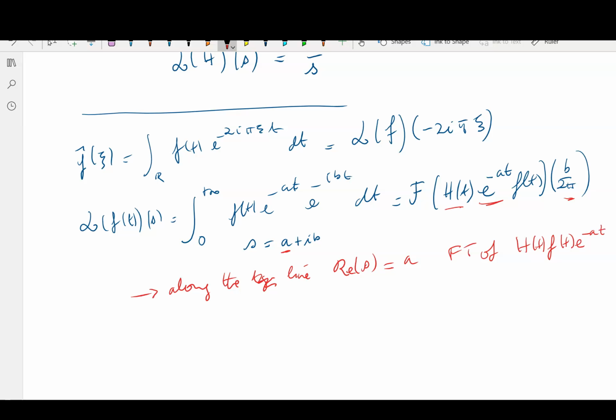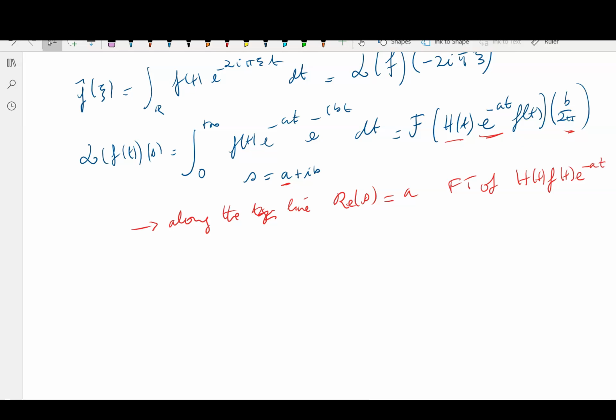One first interesting property that we can see is that, as you remember, the Fourier transform is an isometry, and so it's also a bijection, and in particular it's injective.